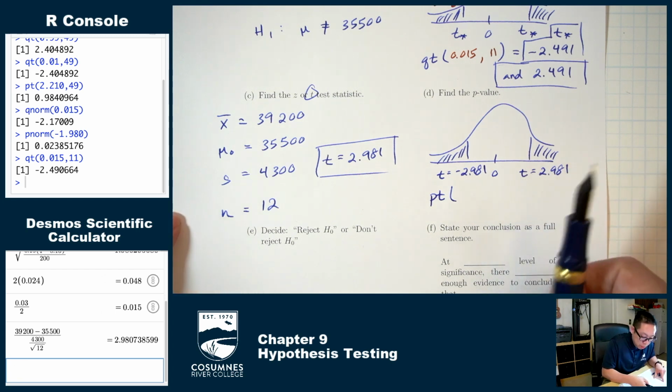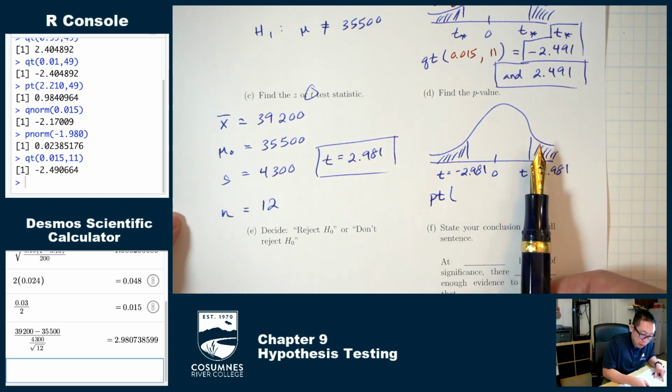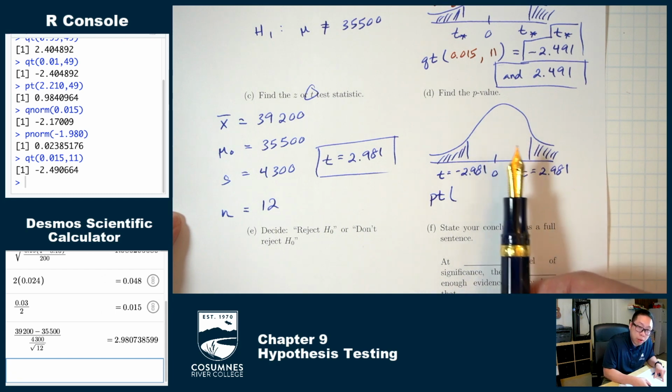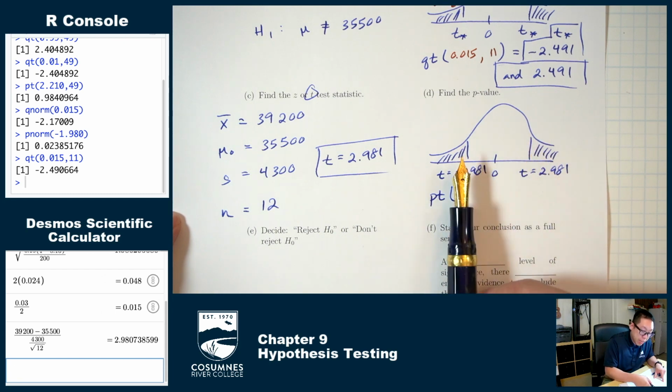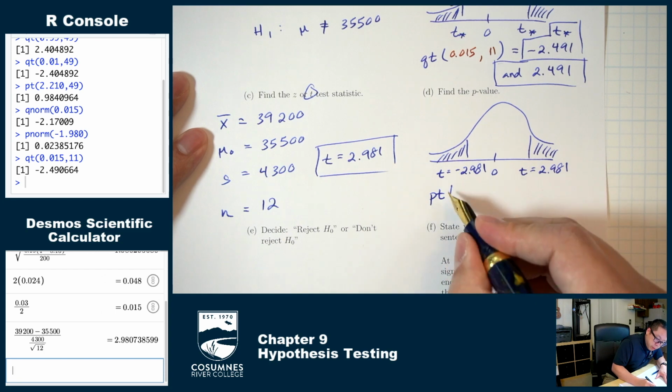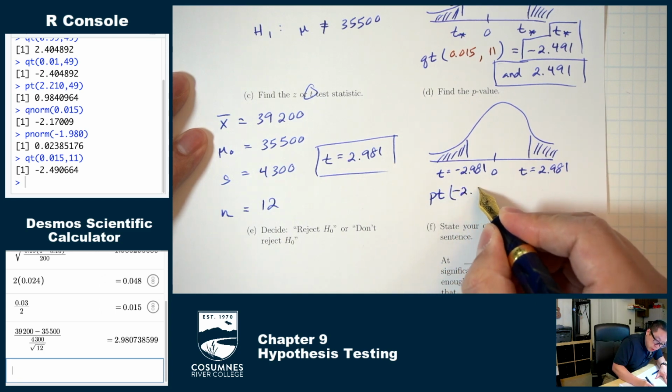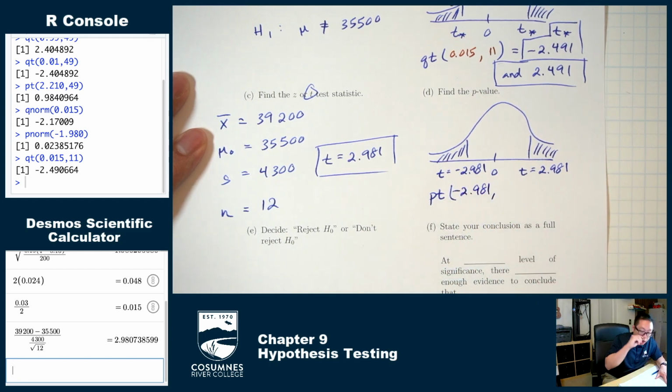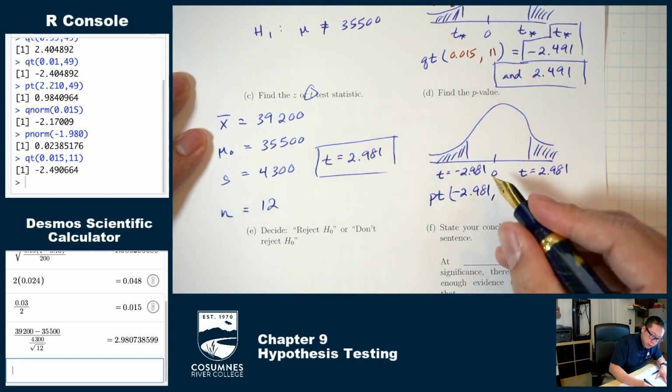I don't want to plug in the positive 2.981 because left of it includes this unshaded part that I don't want. The negative one's okay, right? Negative 2.981, I do want all of the stuff to the left of that. So I'm going to plug in the negative 2.981, comma, DF, so one less than the sample size. It's going to be 11 again.